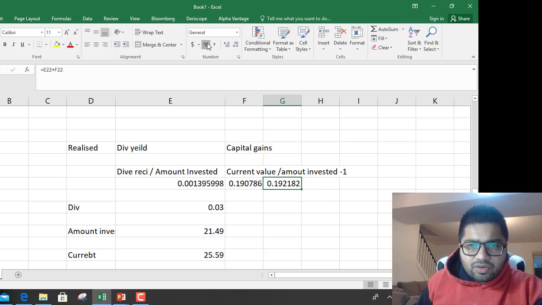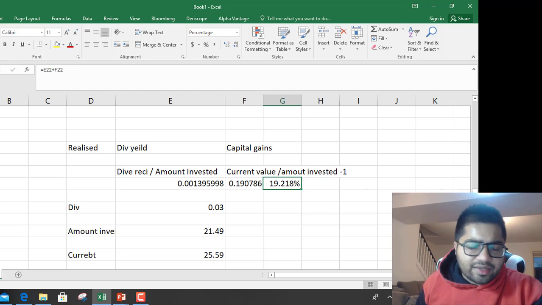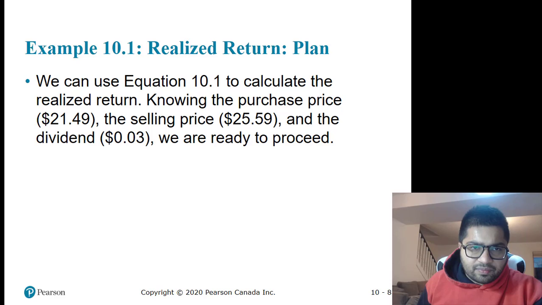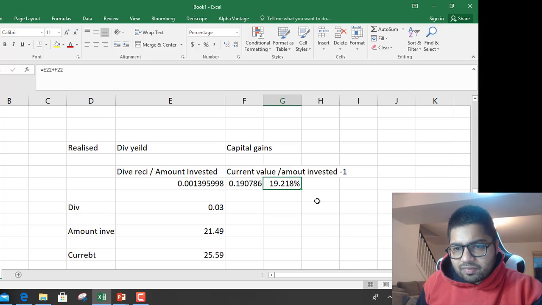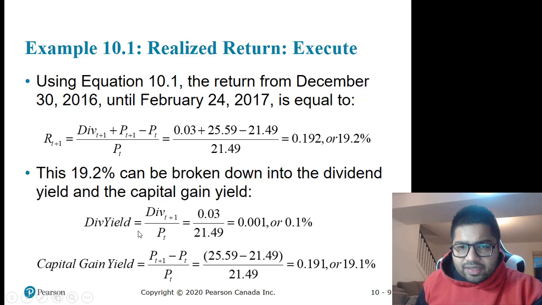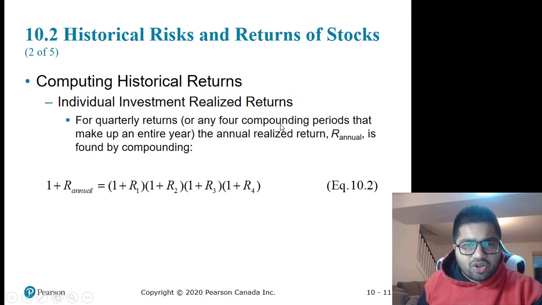The returns that you would realize is 19.218%. So they calculated the dividend yield, they calculated capital gains, they added it up. That gives you total returns, total realized returns from a stock.